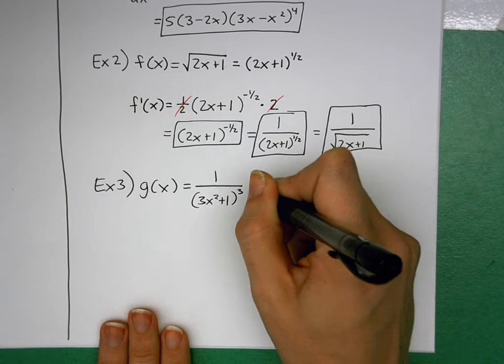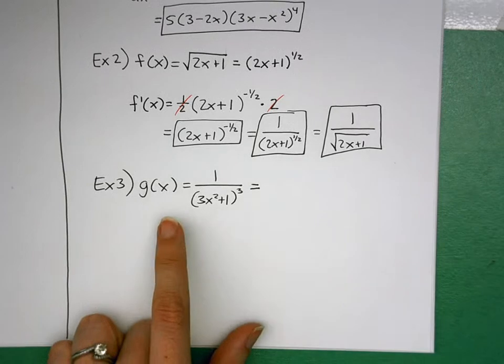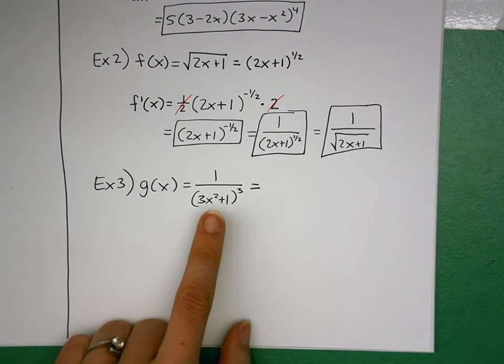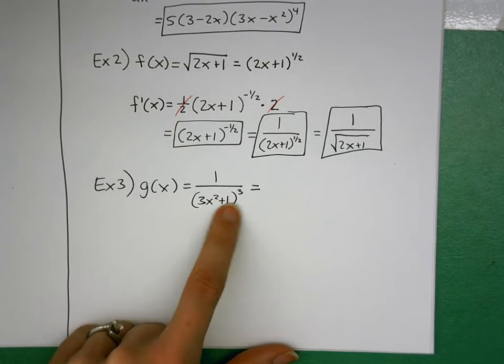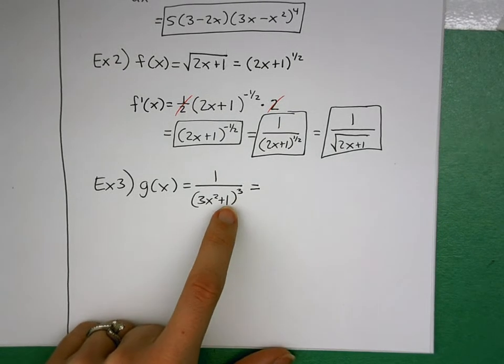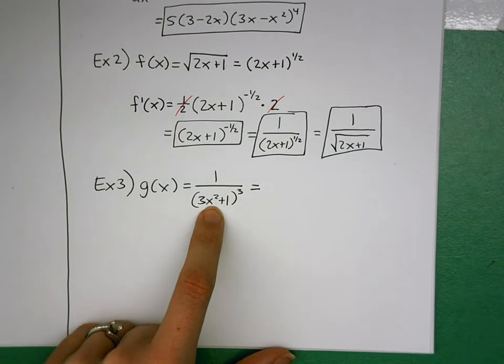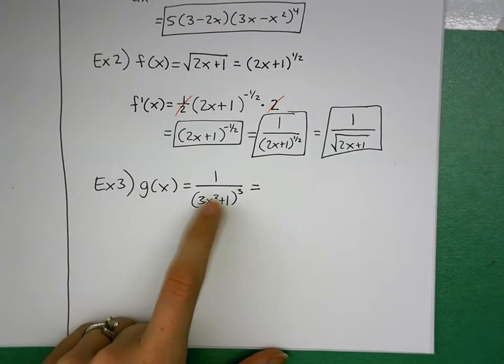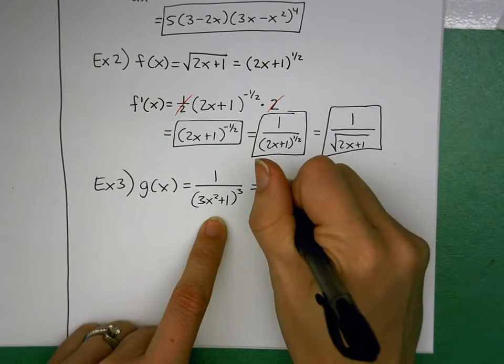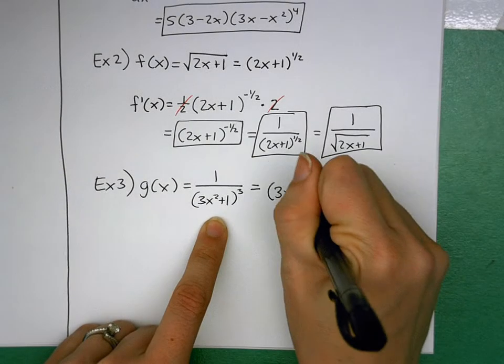This one, we need to rewrite this function if we're going to use power rule on it. We see parentheses, we see a function inside of another function, so this function down here is chain rule. But if we leave it down here, we also have quotient rule at play, right? And I don't really want to use quotient rule right now, so I'm going to rewrite this as a negative exponent.